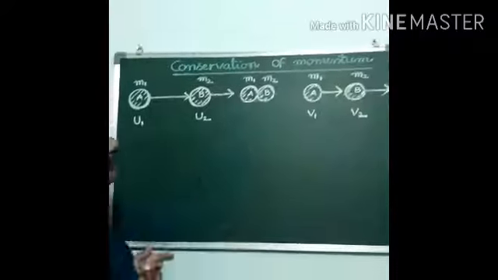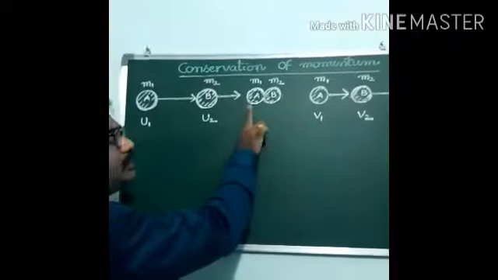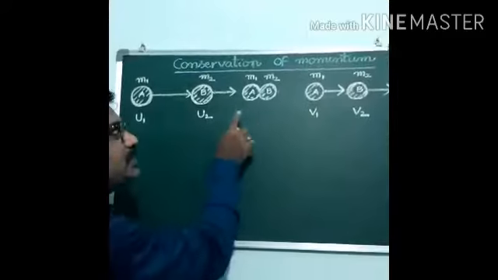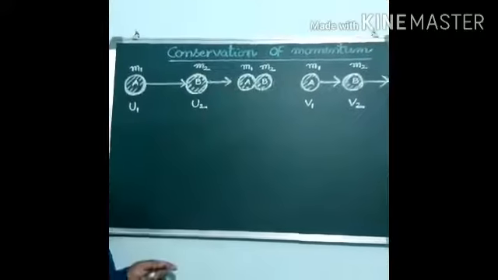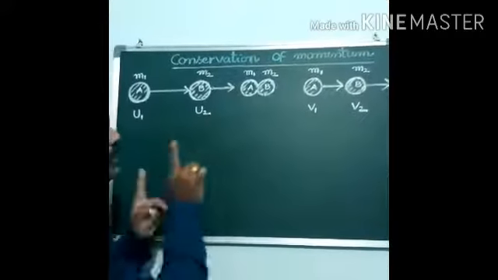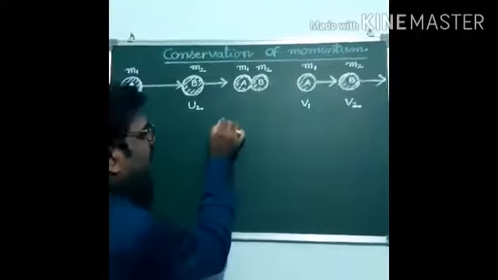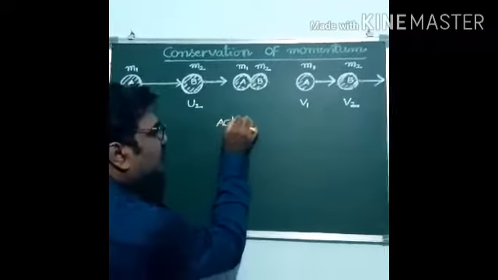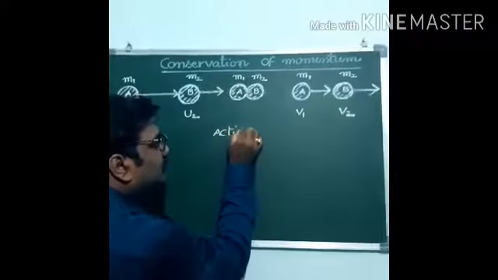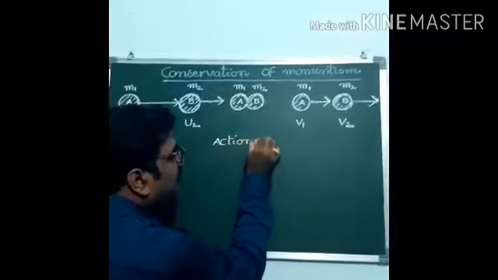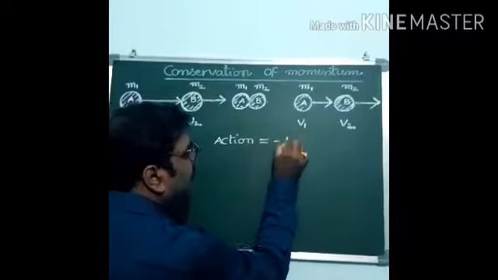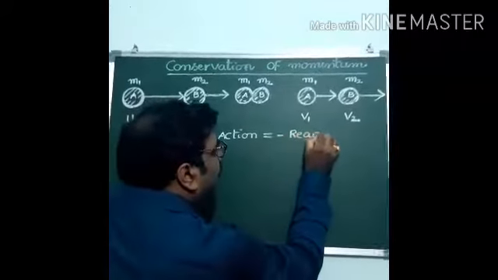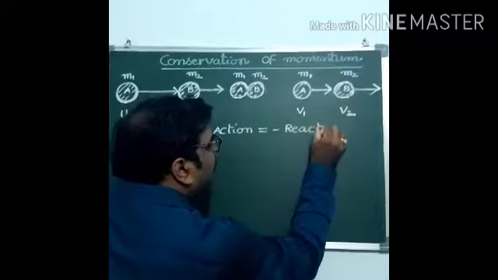During collision, the force A exerts on B, and simultaneously B exerts a force on A. So here you can apply Newton's third law. What is Newton's third law? Action equals minus reaction. What is action?